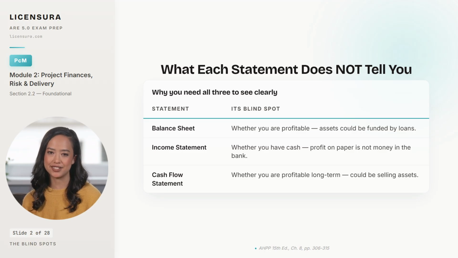60 or 90 days. The cash flow statement shows you plenty of cash moving through the bank, but it does not tell you whether you are profitable long-term, because that cash could be coming from selling off equipment, drawing down a line of credit, or burning the reserves you spent a decade building. This is exactly why a firm can be profitable on paper and run out of cash waiting for receivables.